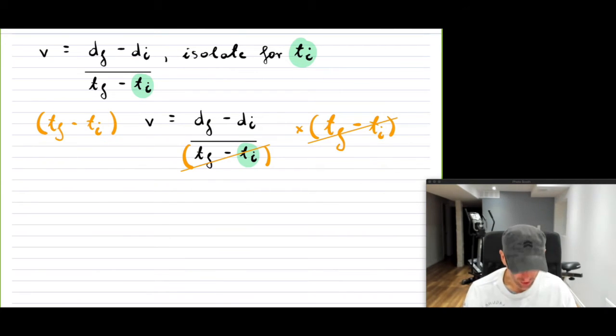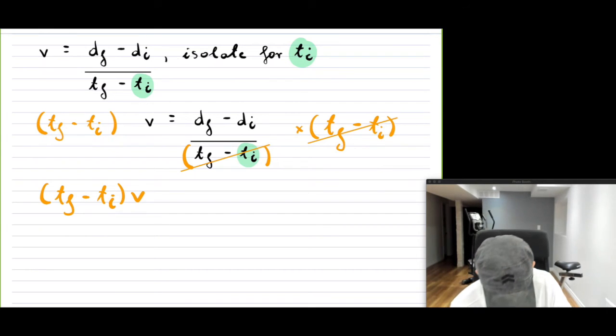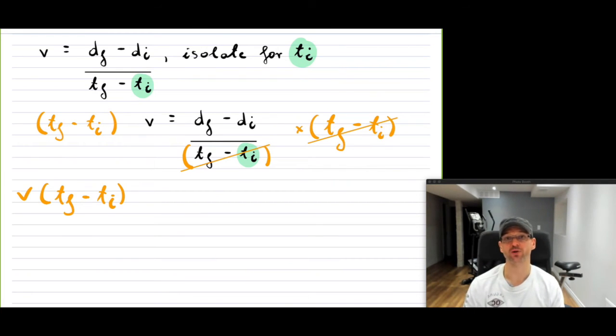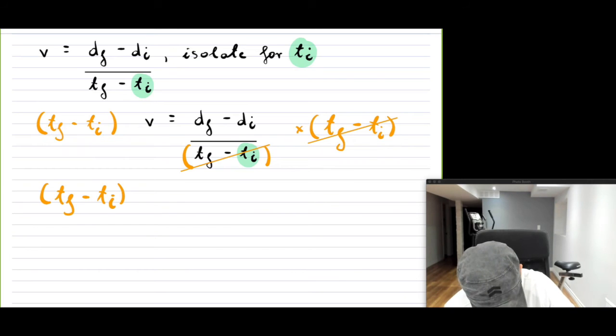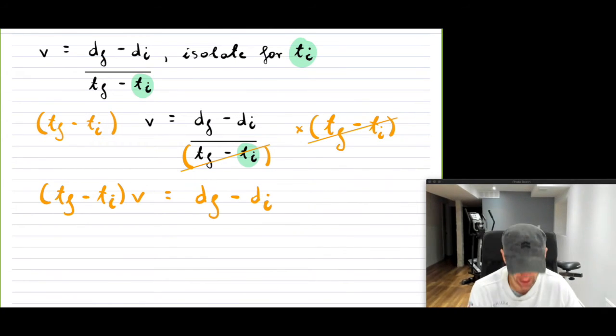So now what? Well, now I have simplified this, so it kind of looks like this. So t_f minus t_i. Now the v can go in the back or it can go in the front. It does not matter, because again, it's multiplication. So that's up to you. You might see it either way. And then we have d_f minus d_i on the right-hand side.